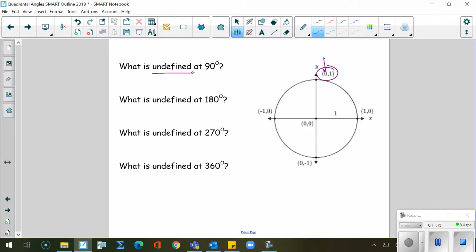So think of trig functions that have a cosine in the denominator. That would be the reciprocal of cosine, which is secant, and sine over cosine, which is tangent.